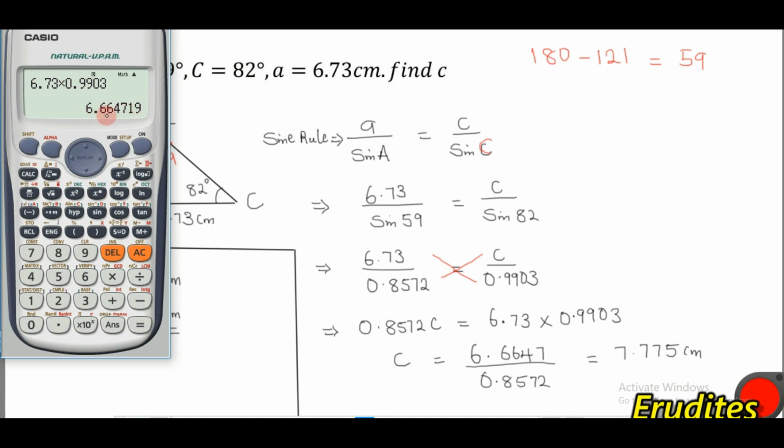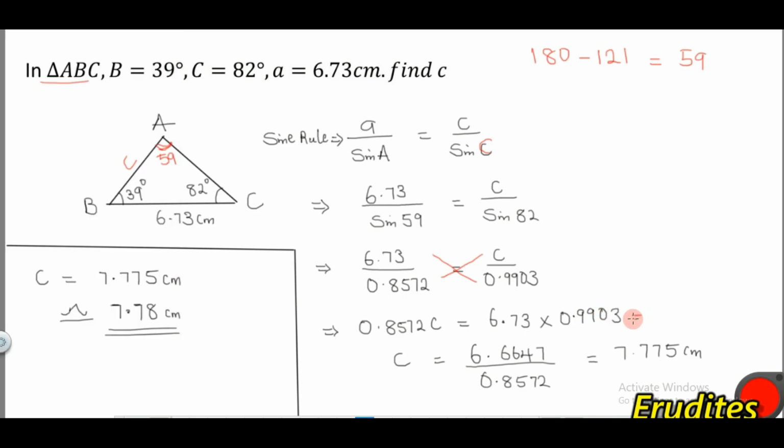So approximately 6.6647. And this is what I have here. So this is the number that I have.